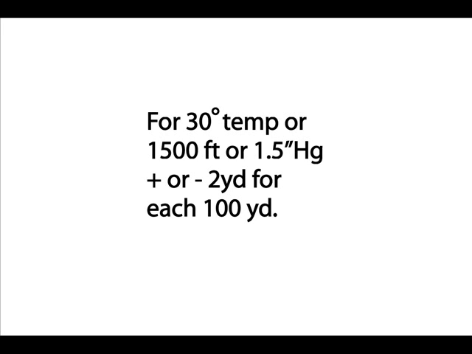So if your target is 700 yards away and you have a decrease of 1.5 inches of barometric pressure, then you need to subtract 2 yards for each 100 yards. So at 700 yards, you need to subtract 14 yards. So you're going to end up at 686 yards instead of your standard 700 yard distance.